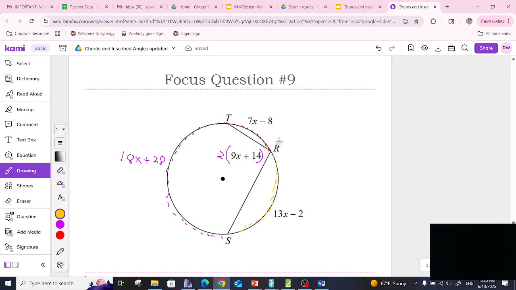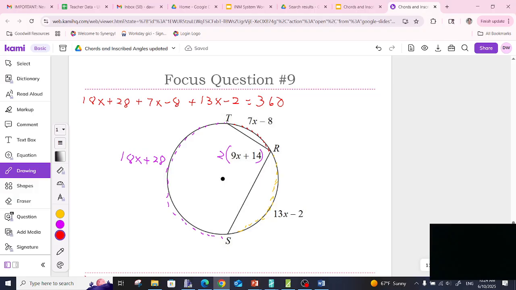Well, what does a circle have to all add up to? 360. So you would just take 18x plus 28 plus 7x minus 8 plus 13x minus 2 has to equal what? 360. So the trick was to notice that you had the full circle on this one.